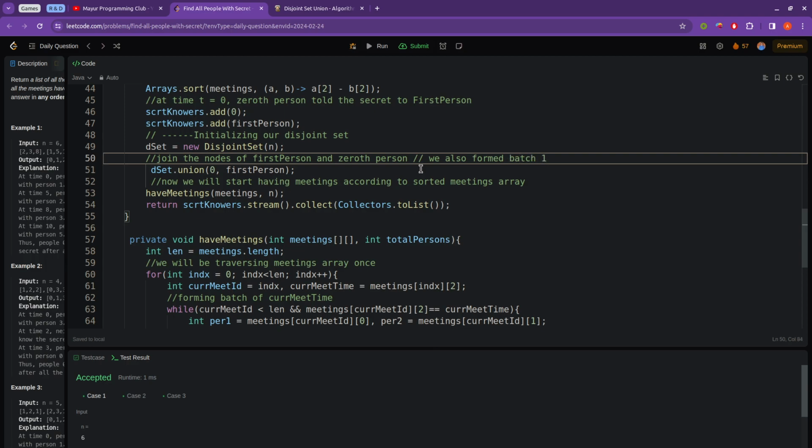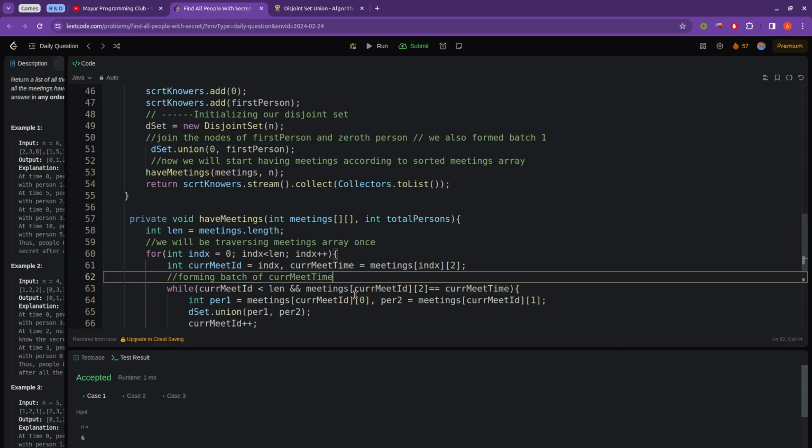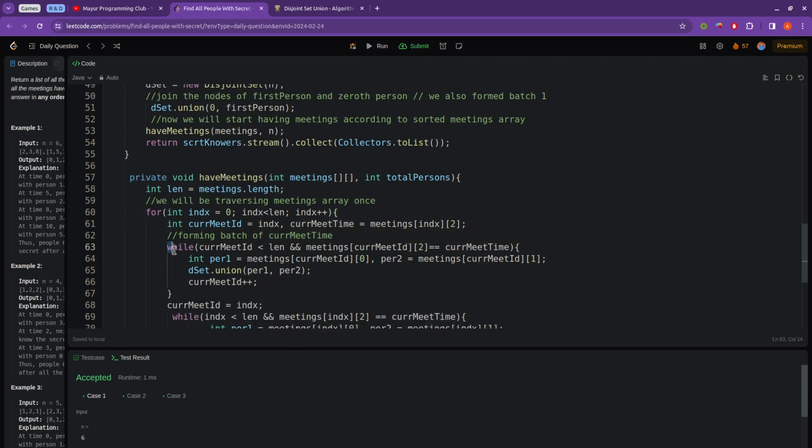Now we are forming subsequent batches. After batch 1, those batches will follow. So all these meetings will be happening at the same time.